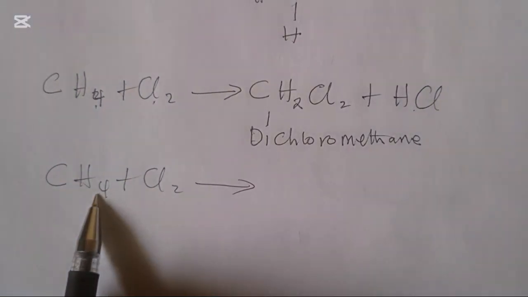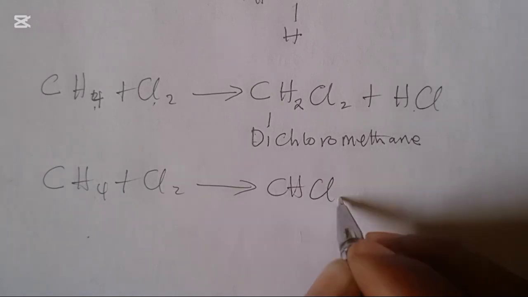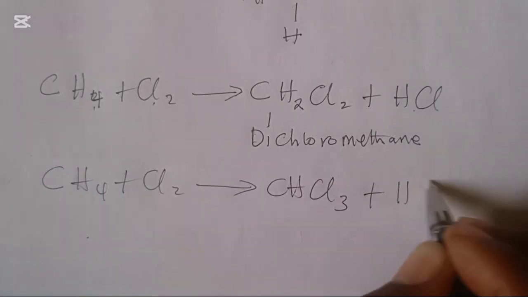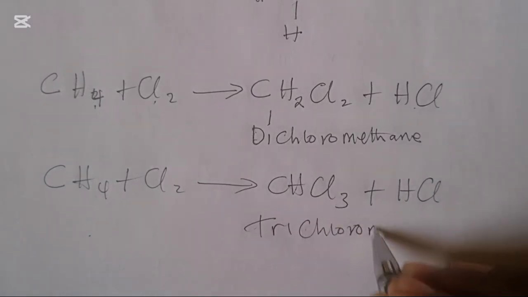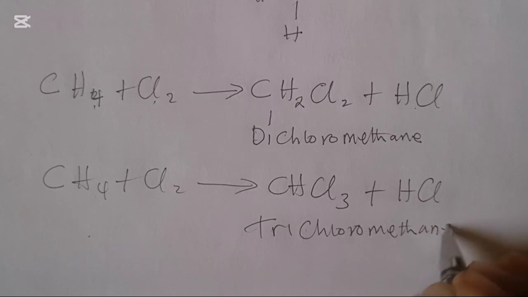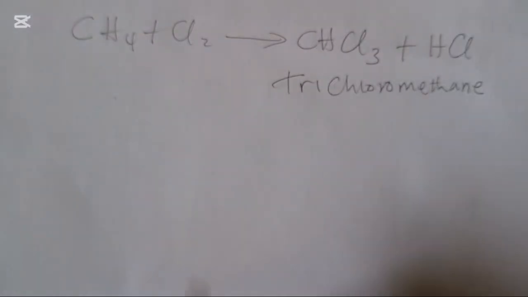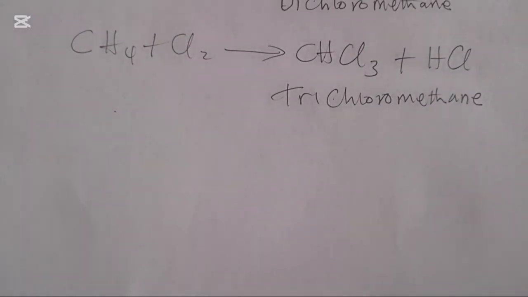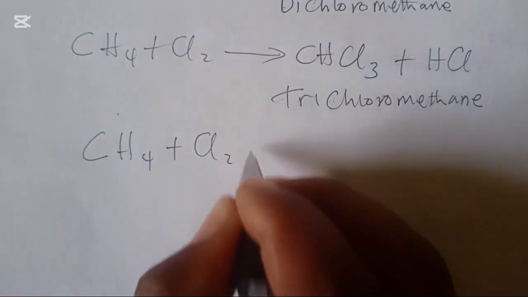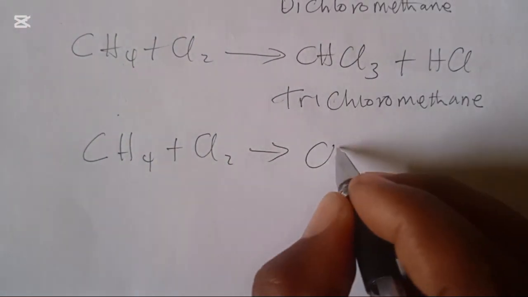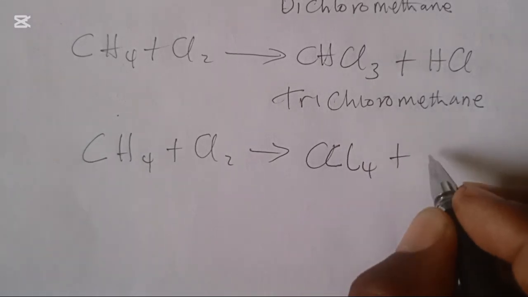So trichloromethane. So when four hydrogen atoms are replaced by four chlorine atoms, we are going to have tetrachloromethane.